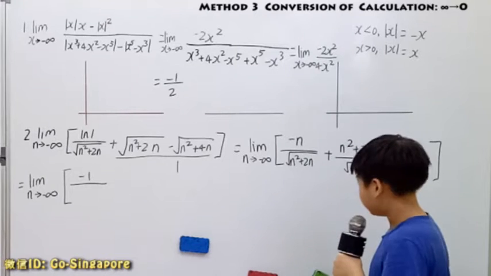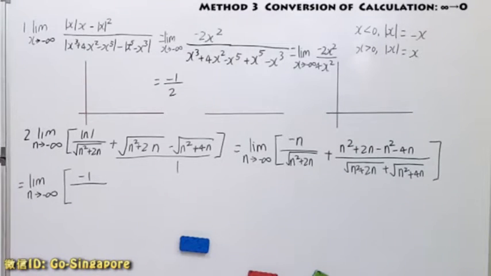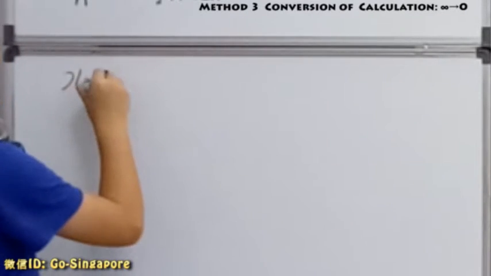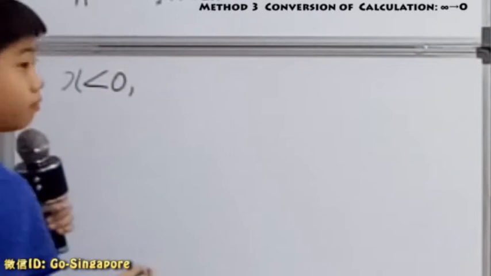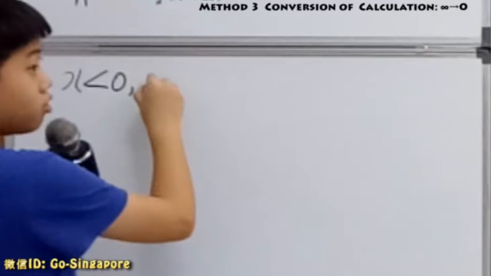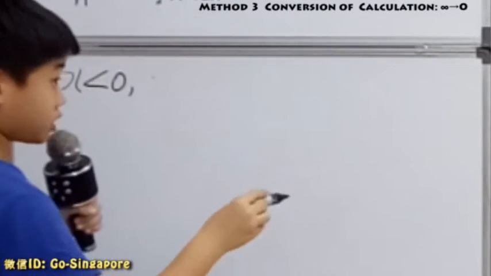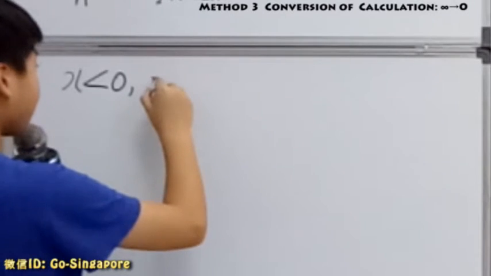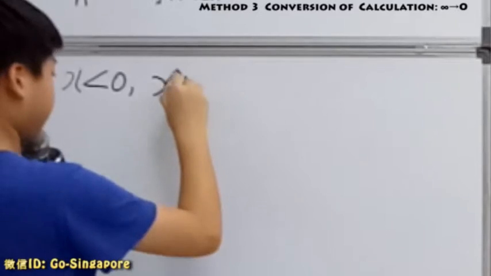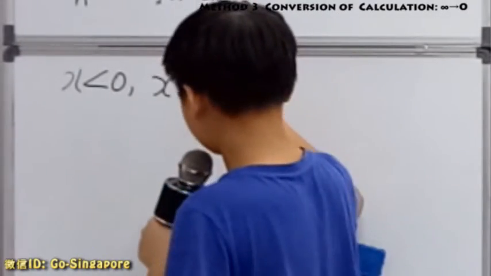An actual negative. Well, it is because for this, for example, if x is smaller than 0, then for the x, if you want to put it into that square root, so this can be just that square root of something, right?